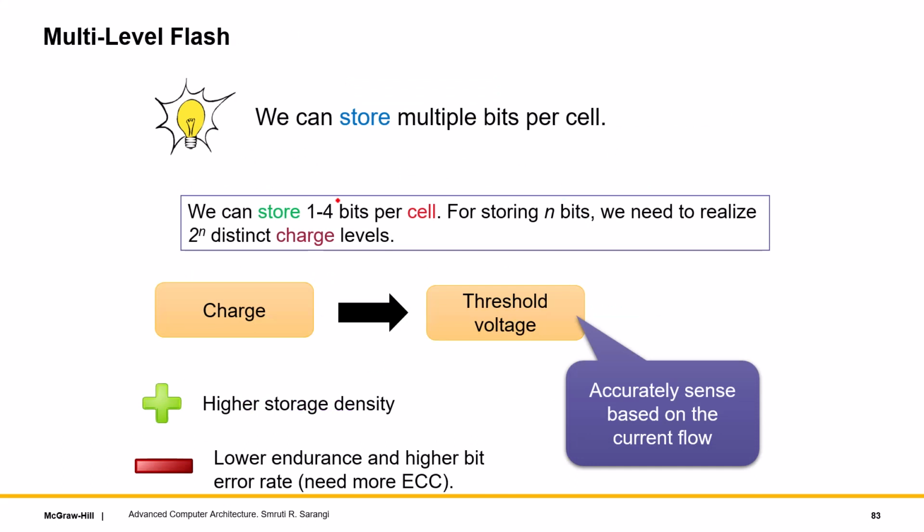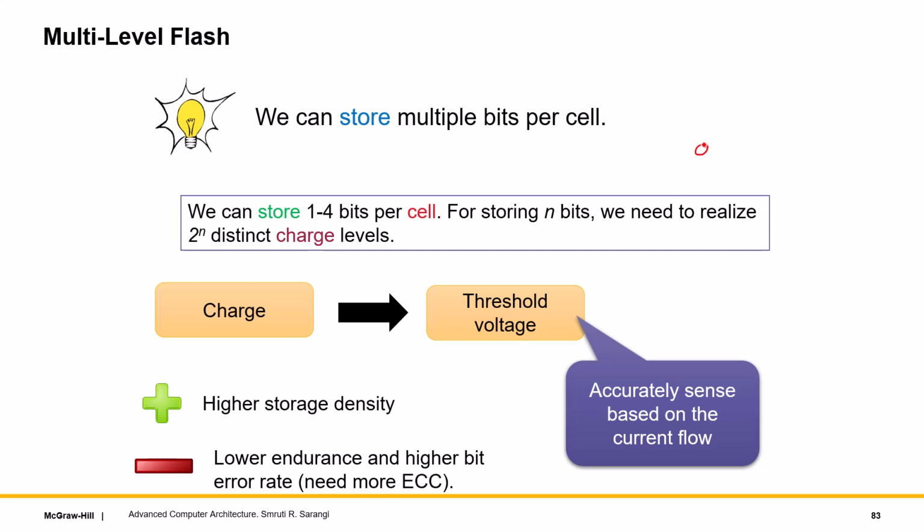Of course, what is more common these days is not the single level flash that you are seeing, but multi-level flash, where you store multiple bits per cell, not one. So let's say you want to store 3 bits. So you need 8 distinct charge levels. So you have a more sophisticated device that can store 8 different charge levels.